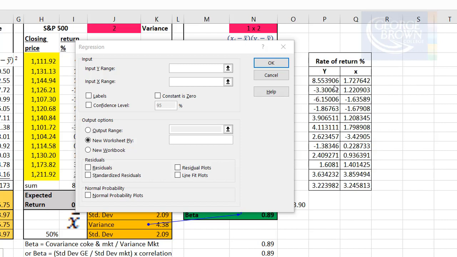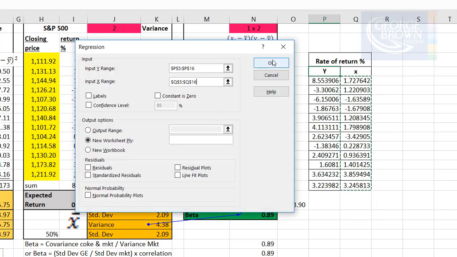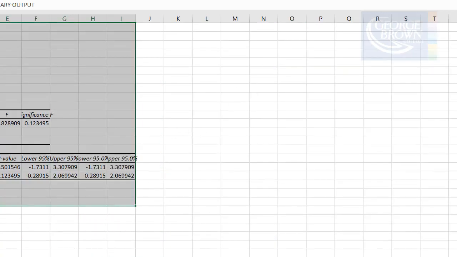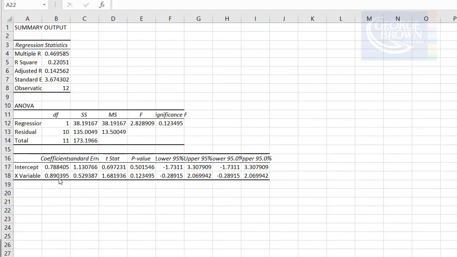So the y data, if I want to click on the y, that's going to be the stock data, and the x is, y depends on x, is the market data. Okay, and I'm just going to click OK. It's going to run the regression. Just let me move this over so that you can see it. And lo and behold, running a regression on the return of the stock versus the return of the market, the beta is 0.89.